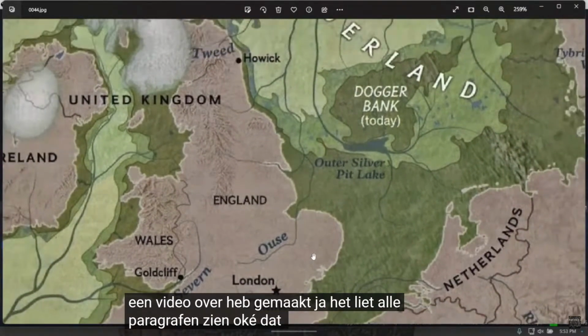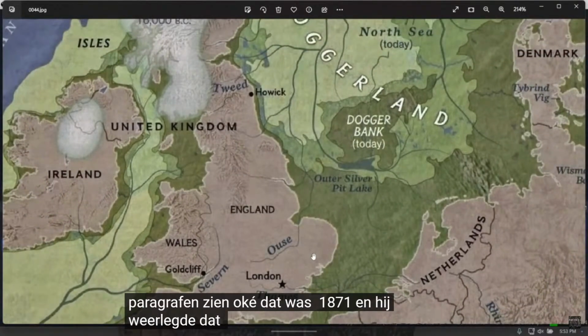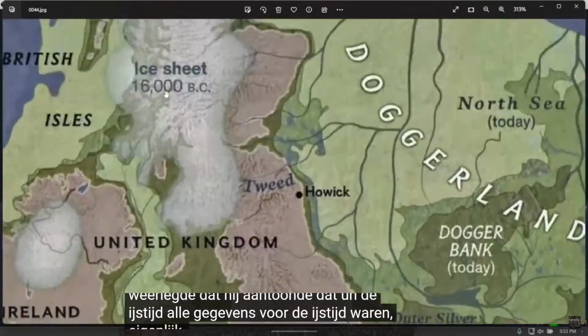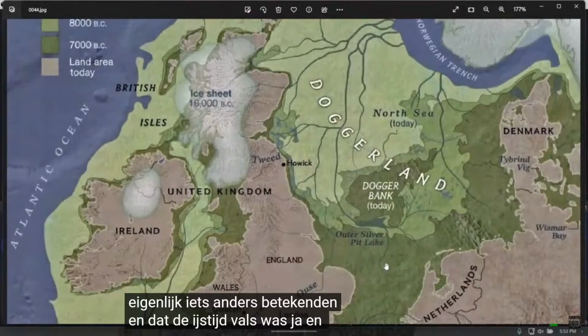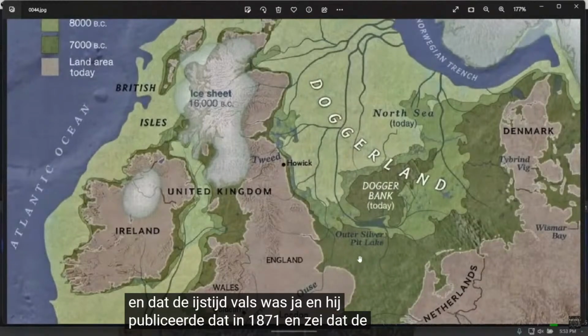Okay, that was 1871, and he was disproving the Ice Age. He was showing that all the data for the Ice Age actually meant something else, and the Ice Age was false. He was publishing that in 1871, saying the uniformitarians were lying.